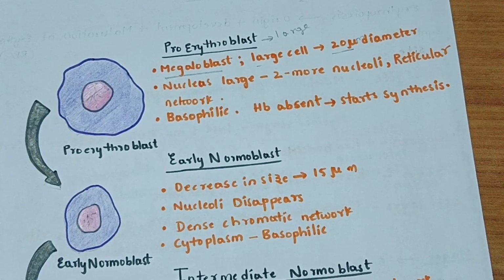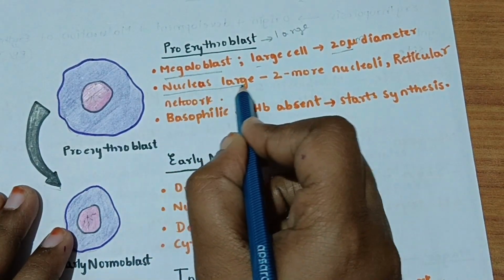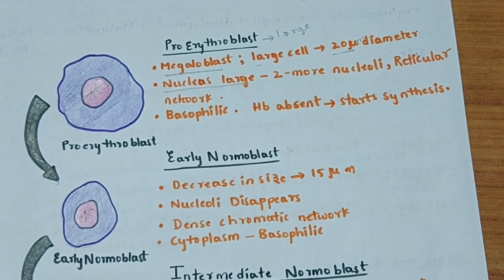Now the nucleus of the proerythroblast is very large compared to all other stages. As the cell matures, the nucleus decreases in size. So the nucleus is largest in the proerythroblastic stage.